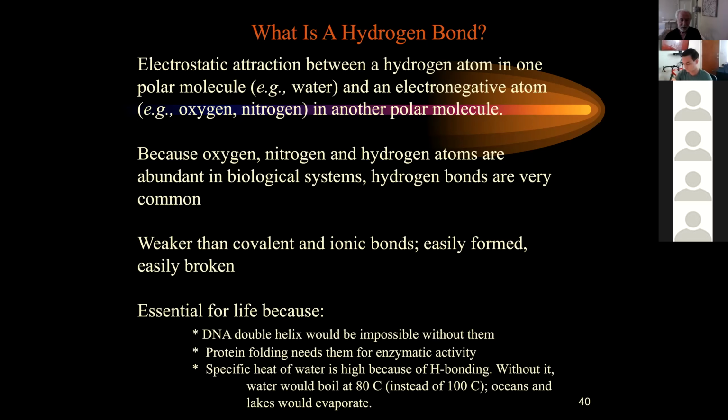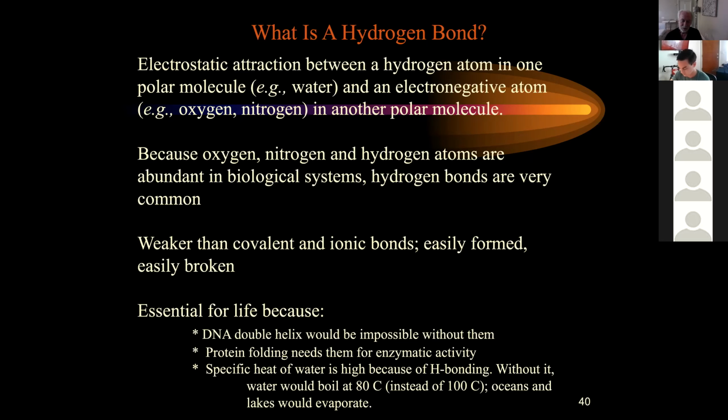Because hydrogen, oxygen, and nitrogen are common and abundant in biological systems, hydrogen bonds are very common, but they're weak. Weaker than covalent, weaker than ionic. They're easily formed and easily broken.